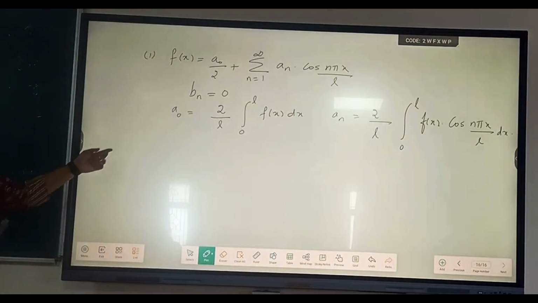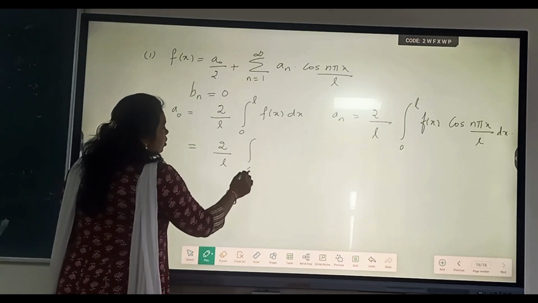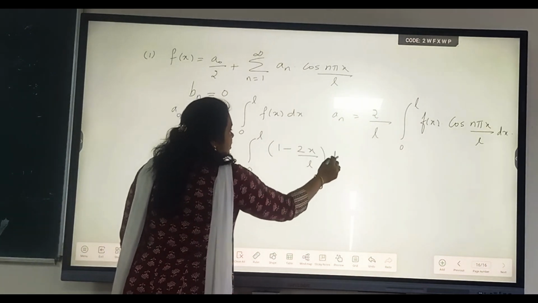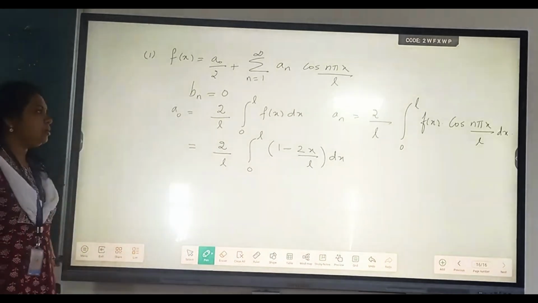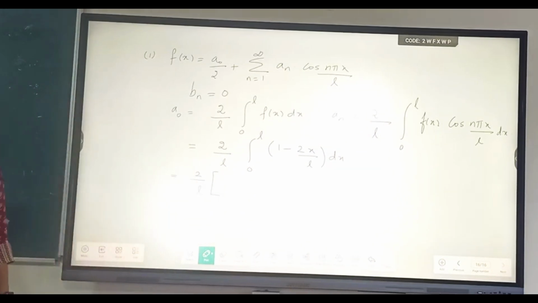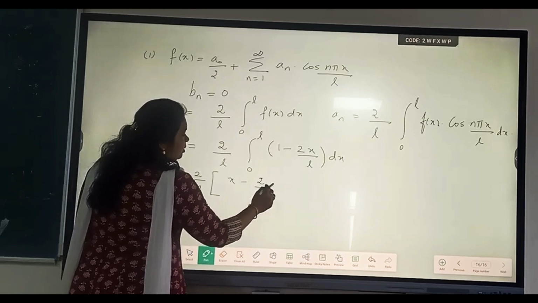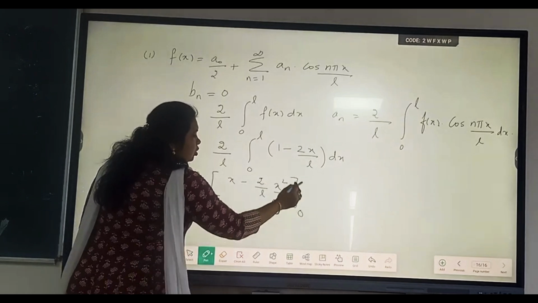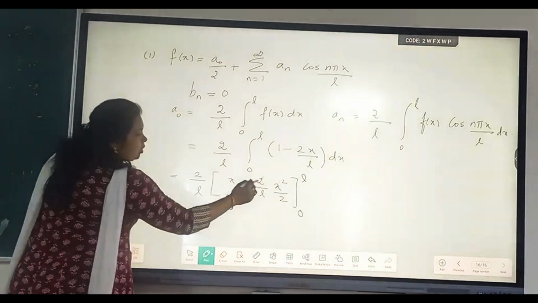So first let us calculate a naught. Which is 2 by L, 0 to L, 1 minus 2x by L dx, because just now we have checked which function we are getting. So which is 2 by L. Apply integration term by term. So x minus 2 by L, x square by 2, because the integration of x is x square by 2, 0 to L. So apply the limit, so 2 and 2 will get cancelled.